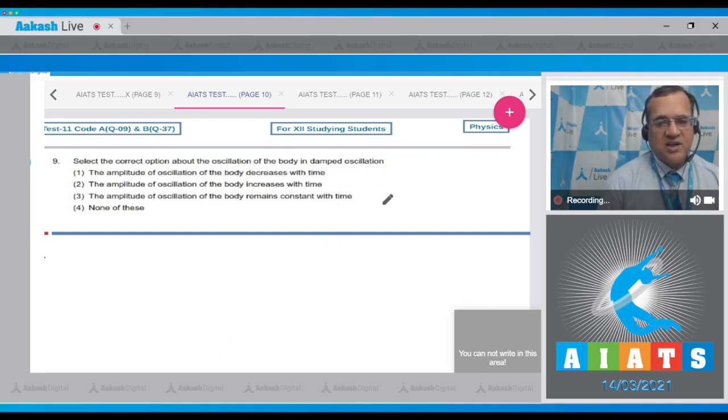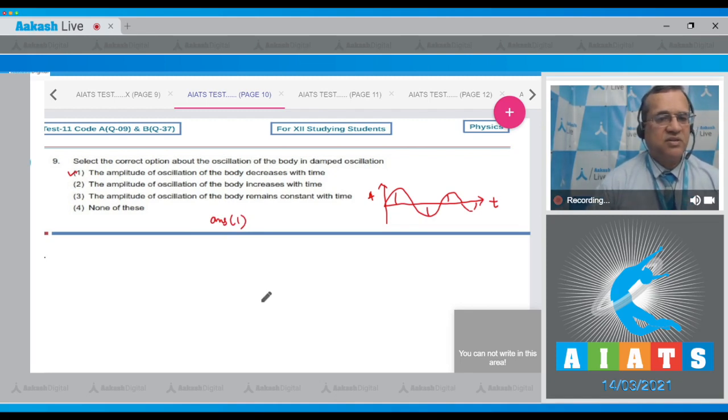When it is damped oscillation, in each oscillation the energy decreases, and therefore the amplitude continuously decreases. No doubt the time period remains almost the same. At each moment the amplitude is decreasing with time, so the correct option is the first one, because energy is dissipated in the form of heat.